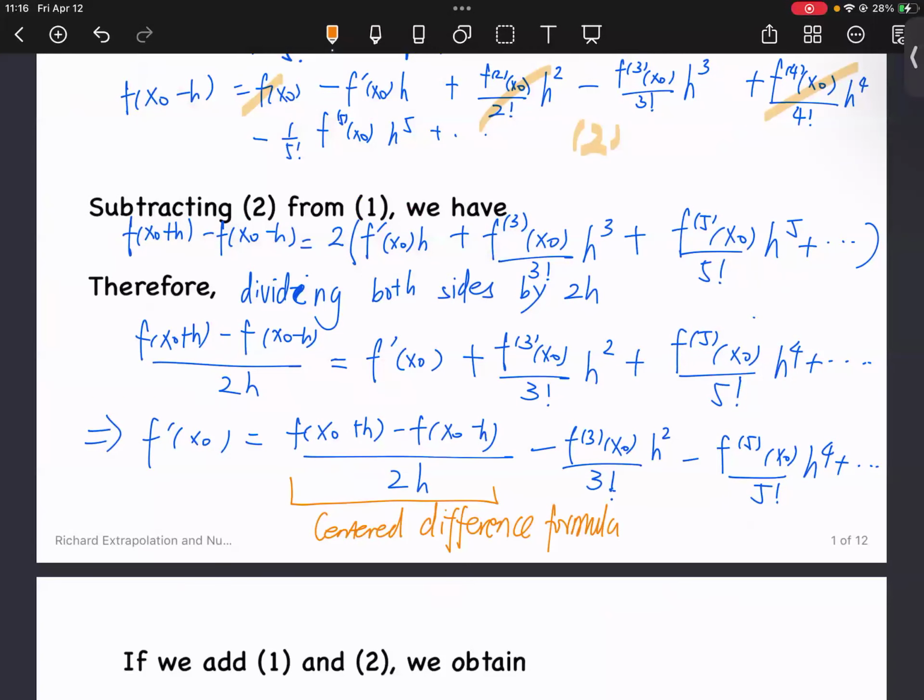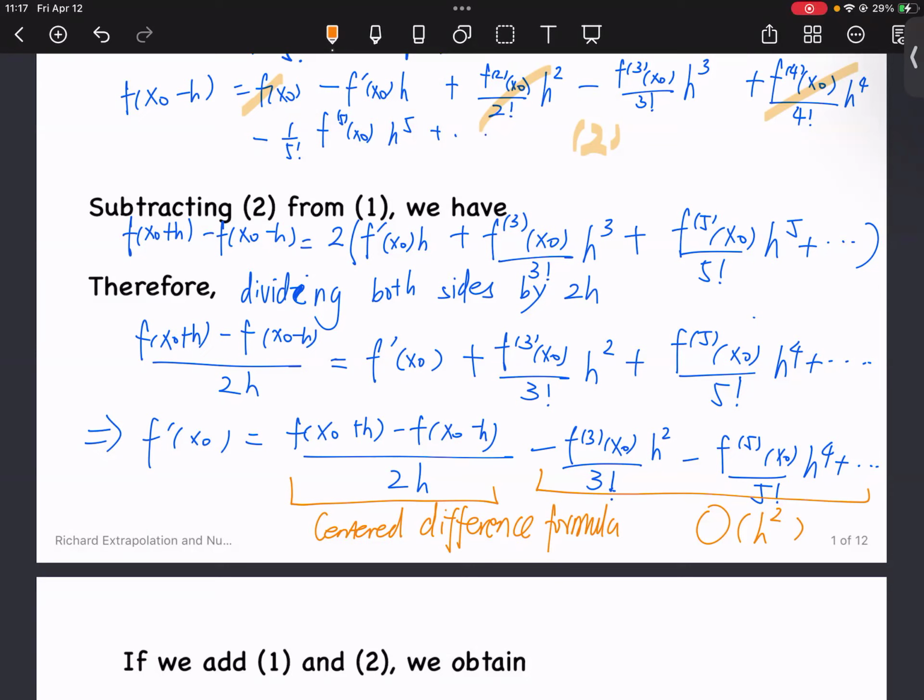If you take a look at the error here, it's with magnitude h squared, and we ignore the h4, h6 terms because they have smaller magnitude. So the dominant term is h squared, and the error term is big O of h squared. Does it make sense?